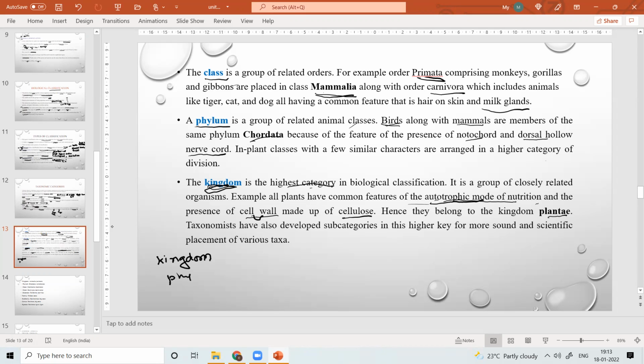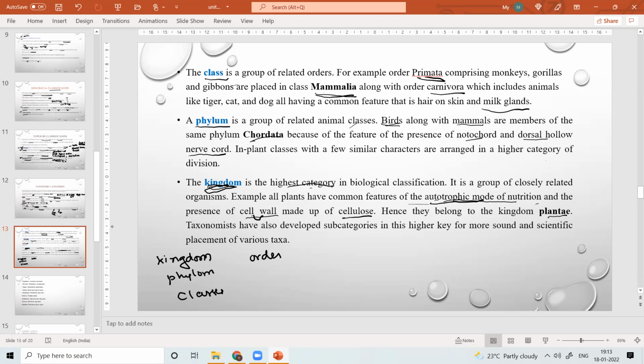Next comes the phylum, and a phylum includes a few classes, and a class includes a similar set of orders.